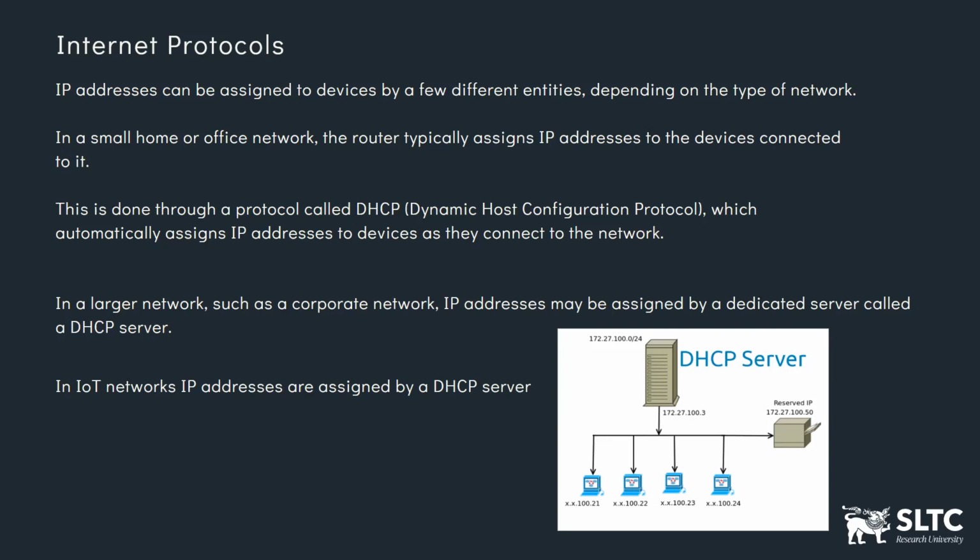In larger networks, such as corporate or business networks, the IP addresses will be assigned by a dedicated server known as the DHCP server. In IoT networks also, IP addresses are assigned by a DHCP server.